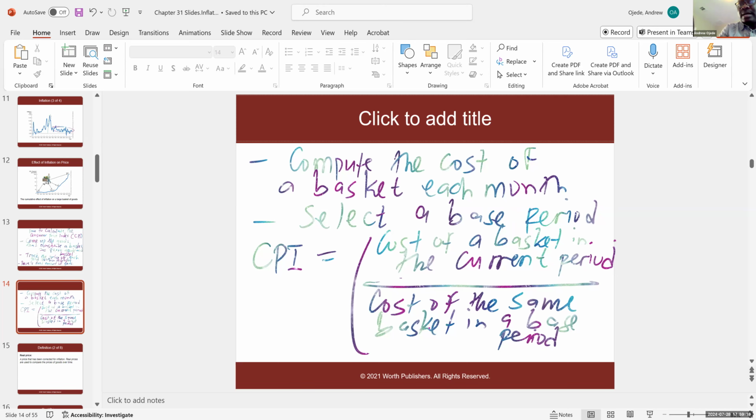And then we multiply this by 100. That's the formula for the CPI.